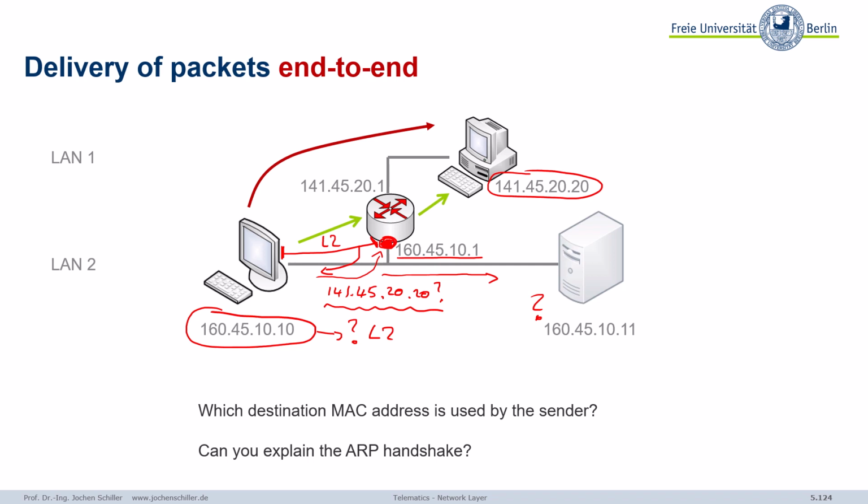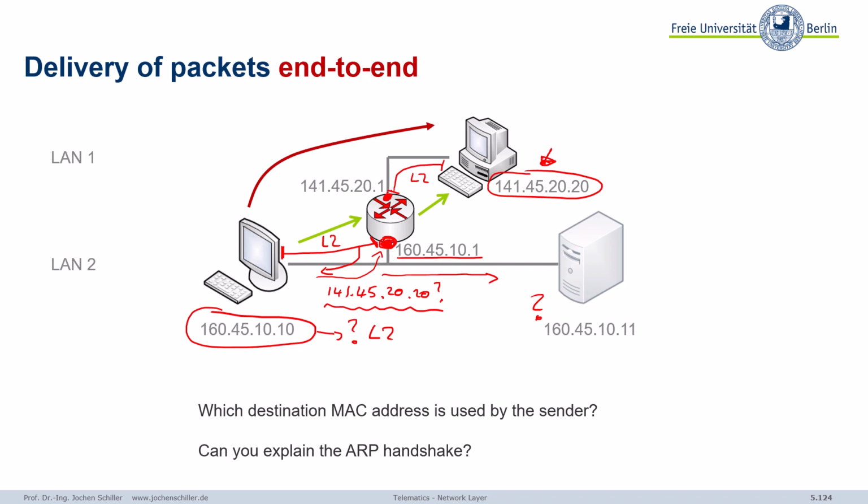And then in this very simple example, the router will create a new layer 2 packet, again a layer 2 packet, with now the destination MAC address of the destination computer, and the source MAC address is now the MAC address of the router interface here. The router will not change the layer 3 packet, but will it change the headers of the layer 2 packet?